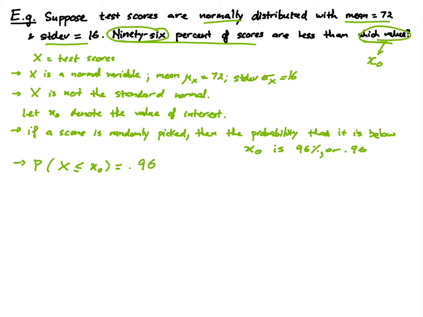So far we are typically given a value of x sub 0, then we manipulate it by standardizing it and find the probability. Here is a little different. Here we're given the probability of 0.96 and we are asked to find the value x sub 0. So it's kind of like going the other way around. So let's see how we approach a problem like this.